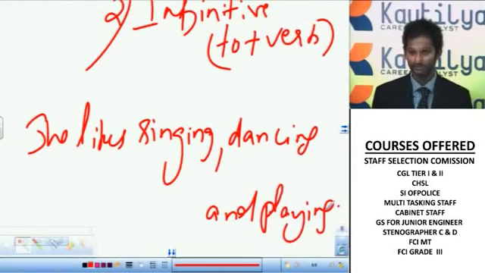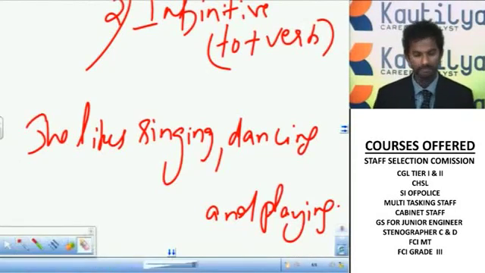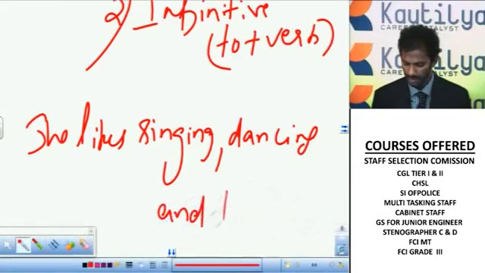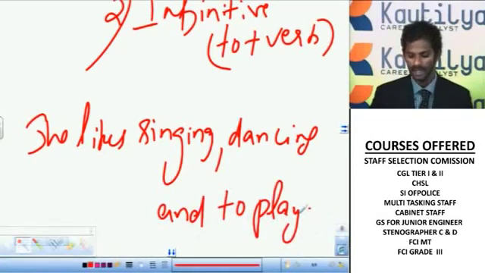I make a modification to the sentence and frame it this way: She likes singing, dancing and to play. Now punctuation marks tell us about the number of clauses in a sentence.